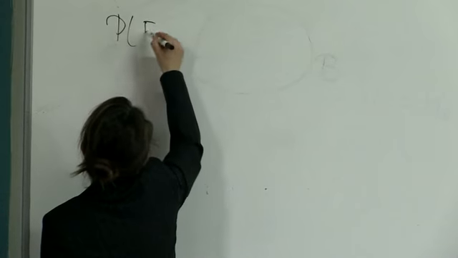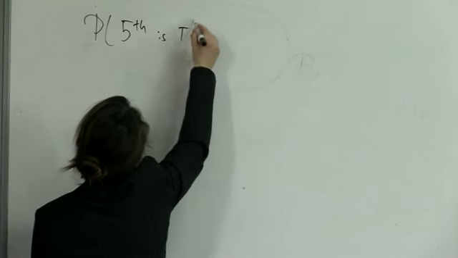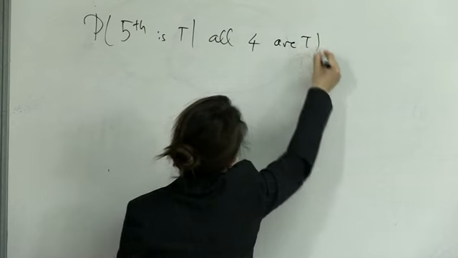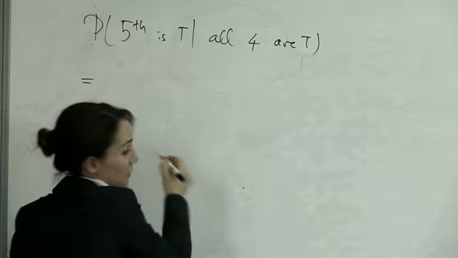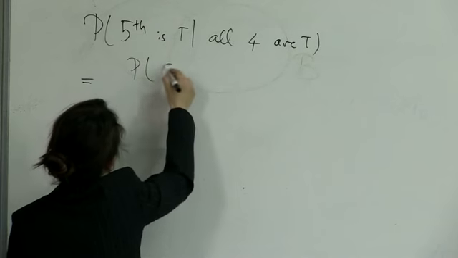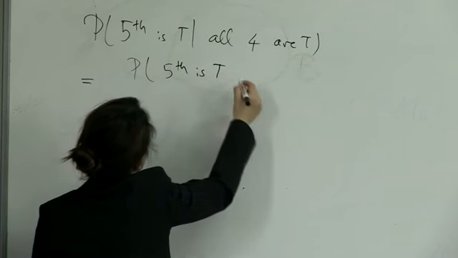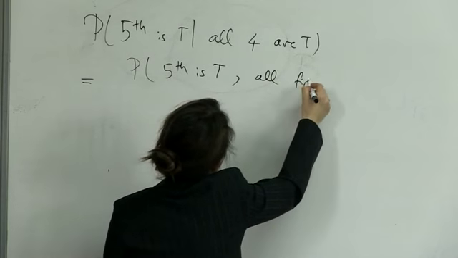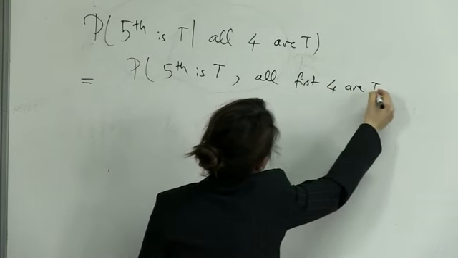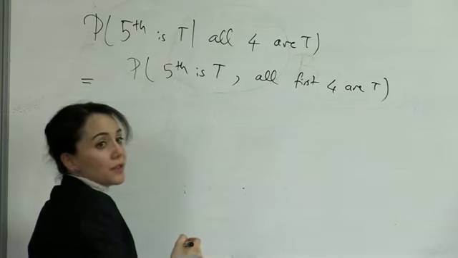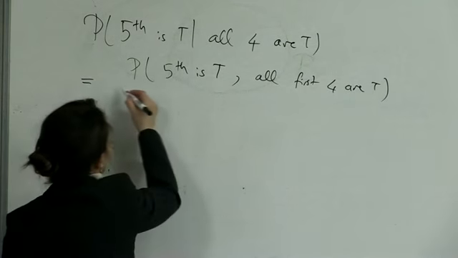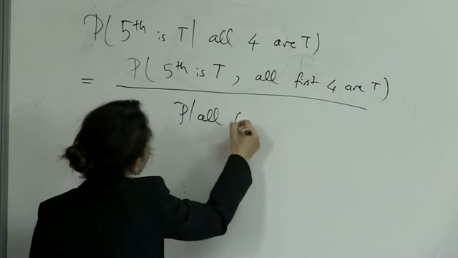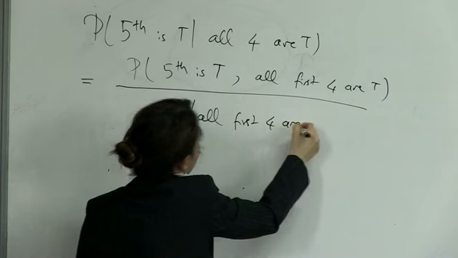The probability that the fifth is tails, given that all first 4 are tails, is the probability that the fifth is tails and all first 4 are tails, remember, I'm using the definition of conditional probability, divided by the probability that all first 4 are tails.